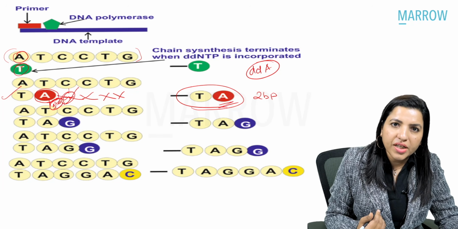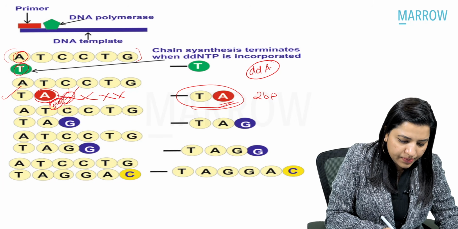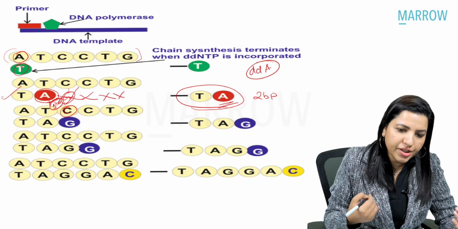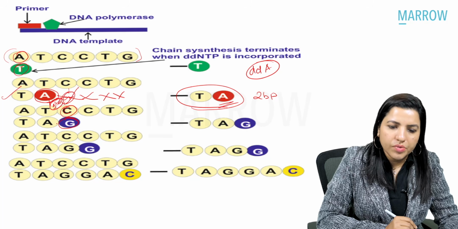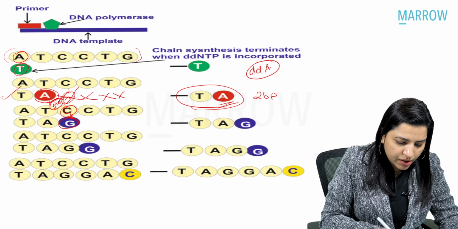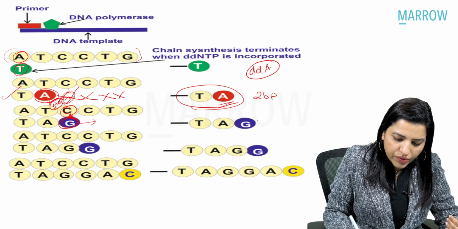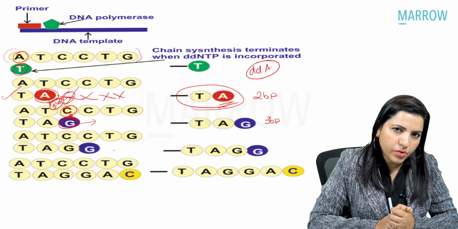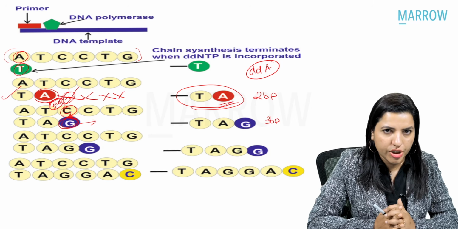Similarly, if we are using a dideoxy G, what will happen to the C? Sometimes G can bind, sometimes dideoxy G can bind. So if dideoxy G binds, then the chain cannot elongate further, so we will get a 3 base pair band. Likewise, these dideoxynucleotides are used for controlled chain termination.